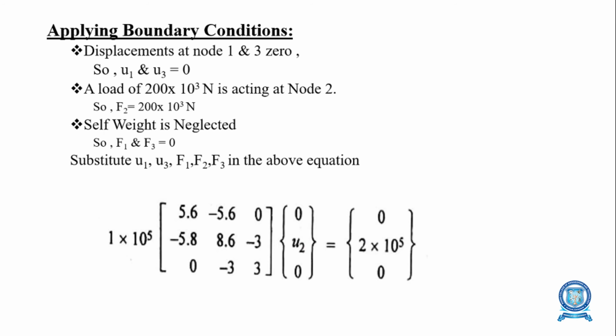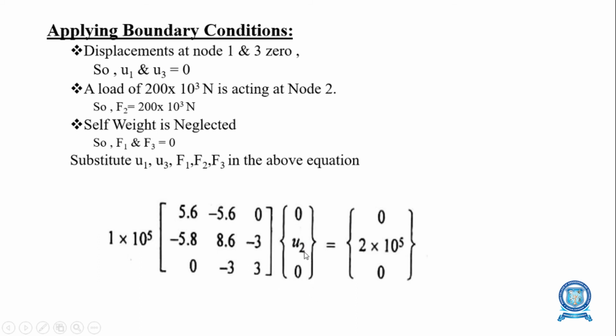Now we are going to substitute all the boundary condition values in the above assembled finite element equation. So 1 into 10 to the power 5, matrix of 5.6, minus 5.6, 0, minus 5.6, 8.6, minus 3, 0, minus 3, 3. This is the stiffness matrix. In the displacement vector, U1 is 0 and U3 is 0.